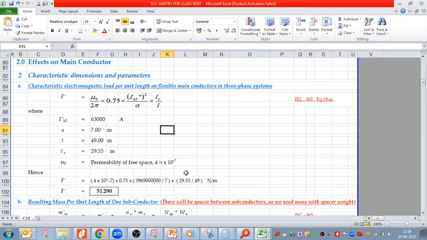That is what I'm trying to understand, because forces would not be equivalent on all phases at the same time. That is my apprehension. Am I right or am I wrong? No, you are correct. You are going in a very deep way, but in that way you are correct.